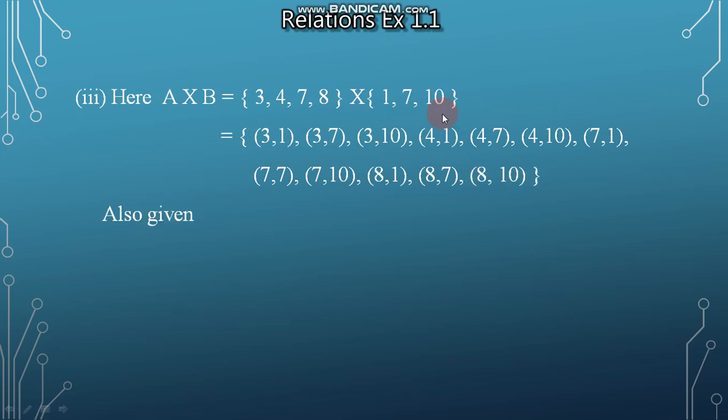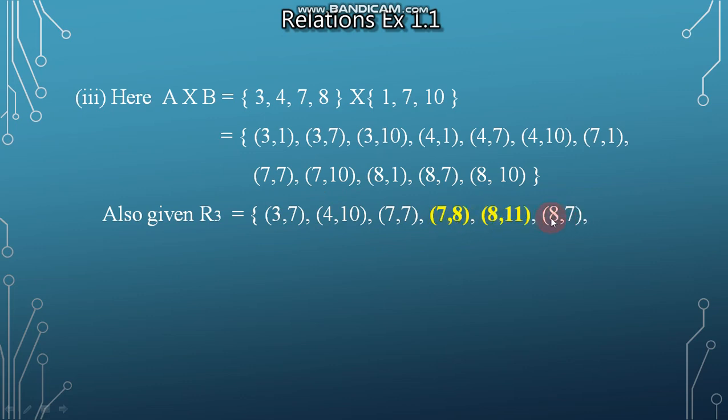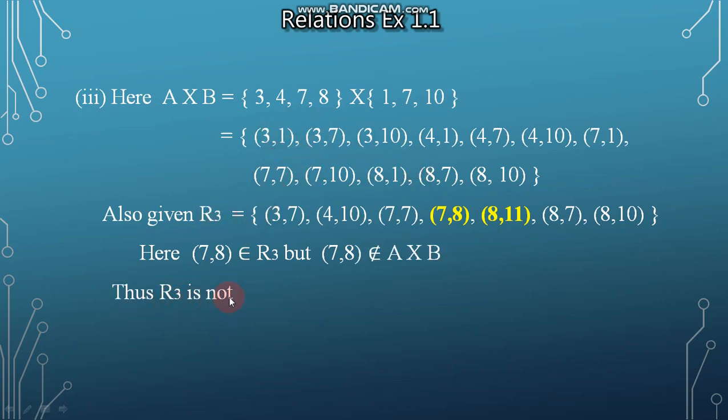Now the relation R3 is given as {(3, 7), (4, 10), (7, 7), (7, 8), (8, 11), (8, 7), (8, 10)}. Here (7, 8) and (8, 11) belong to R3, but they are not in A cross B. Thus R3 is not a relation from A to B.